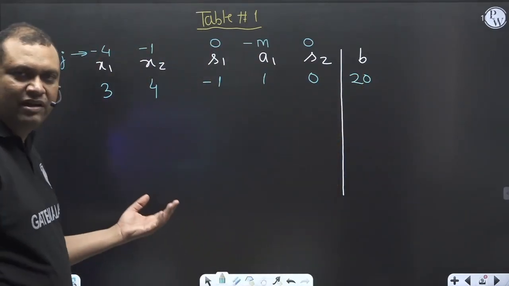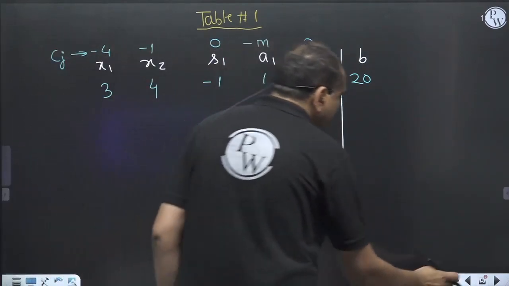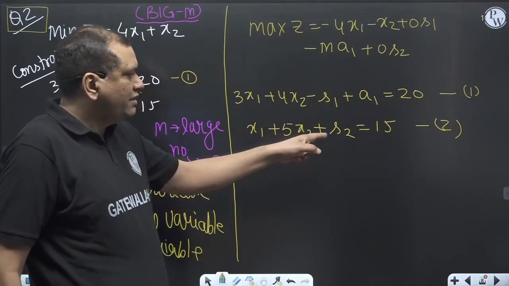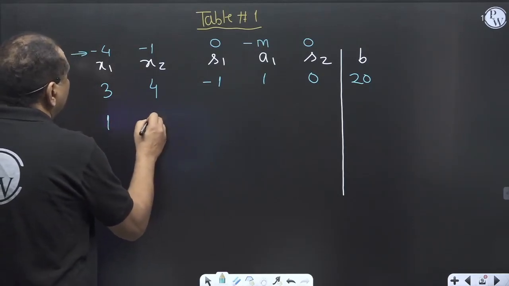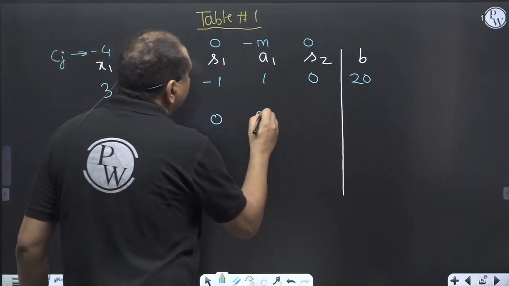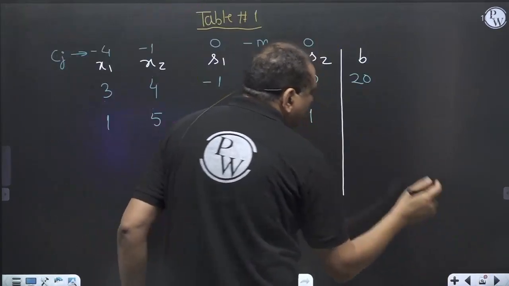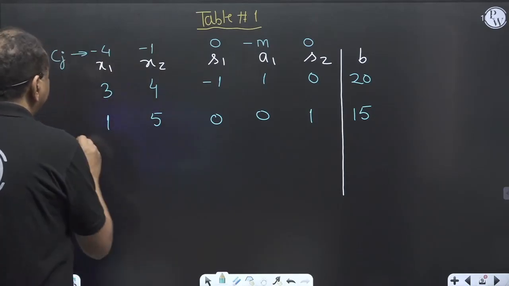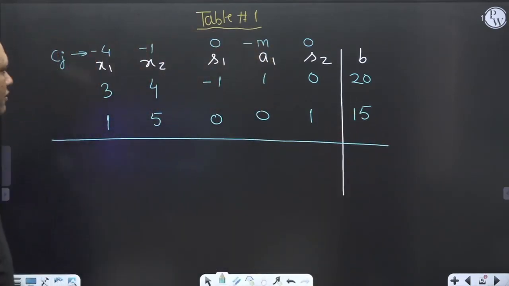That's what we have learned in the simplex. And the second one is 1, 5, S2 is 1, and the right hand side is 15.